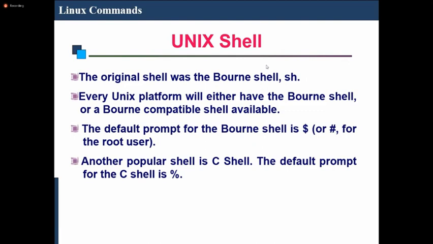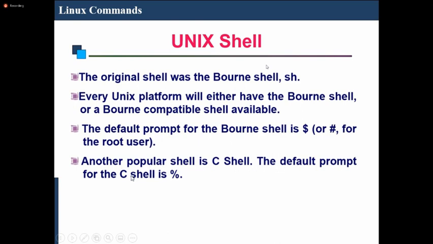Okay, so the original shell was the Bourne shell, sh. Every Unix platform will have a Bourne shell or something other. The default prompt for the Bourne shell is $, or hash for the root user, right? So this is what you get in Ubuntu also. Another one is the C shell.